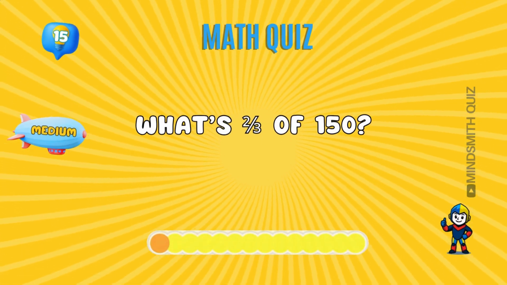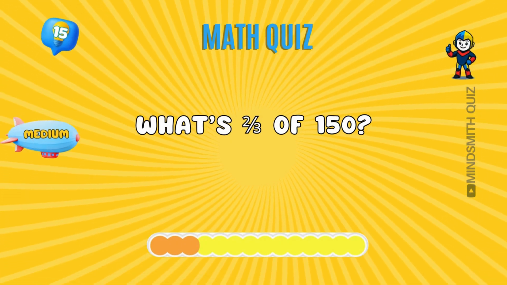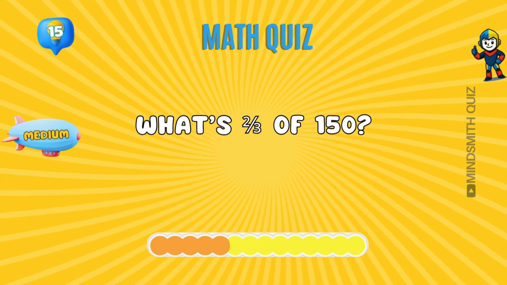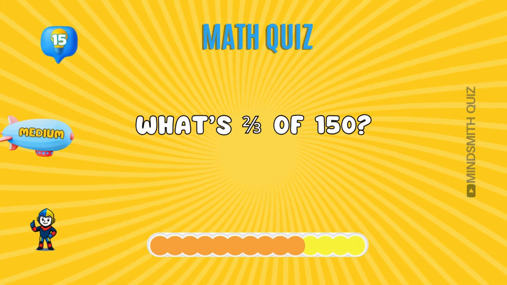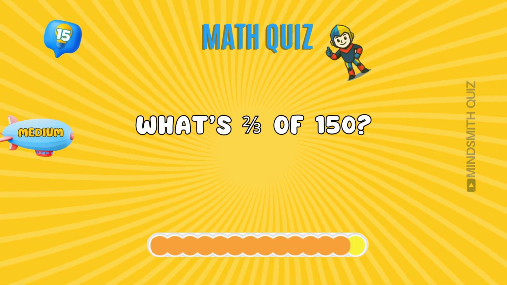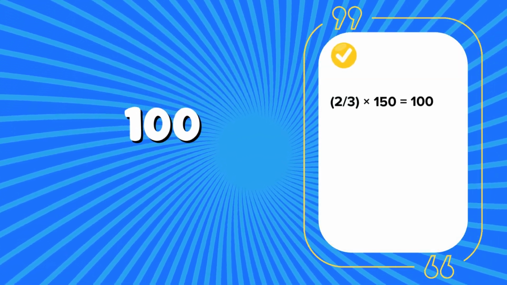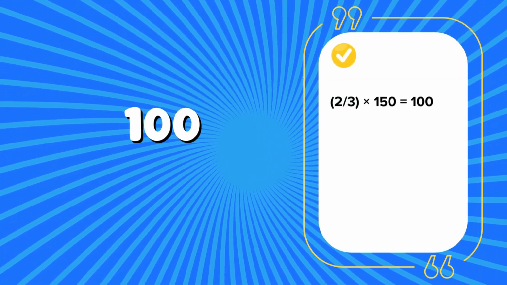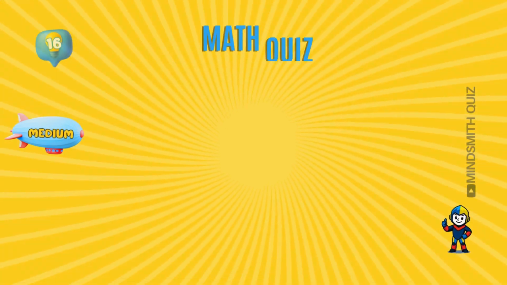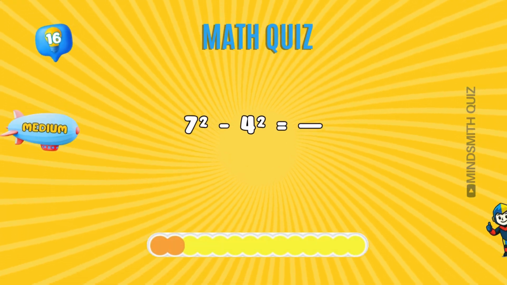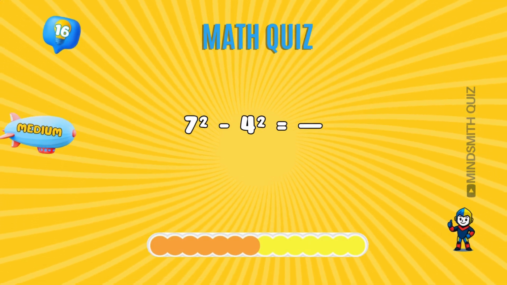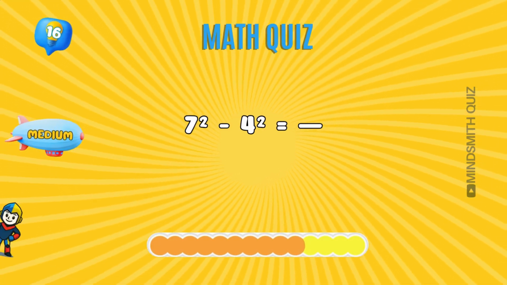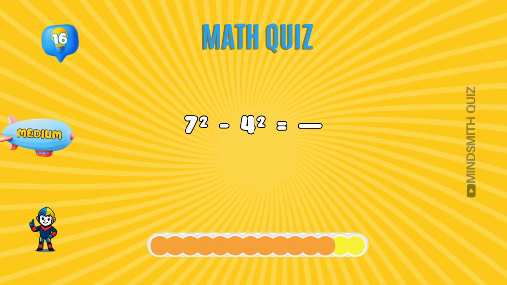What's 2/3 of 150? 100. Easy. 7 squared minus 4 squared equals. 33.